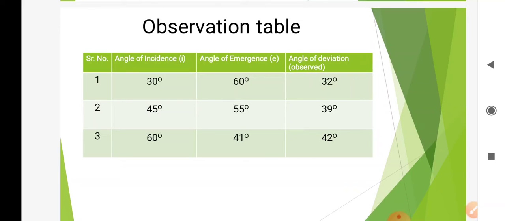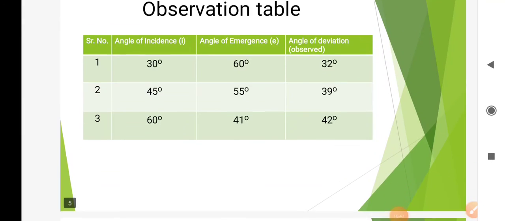For 45 degree, when I have taken angle of incidence, angle of emergence is found to be 55 degree, and angle of deviation is 39 degree. For angle of incidence 60 degree, that is shown in the actual experiment, the angle of emergence is 41 degree, and the angle of deviation is 42 degree.